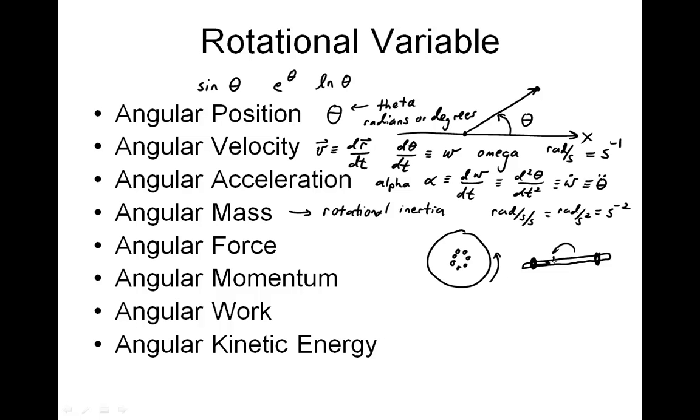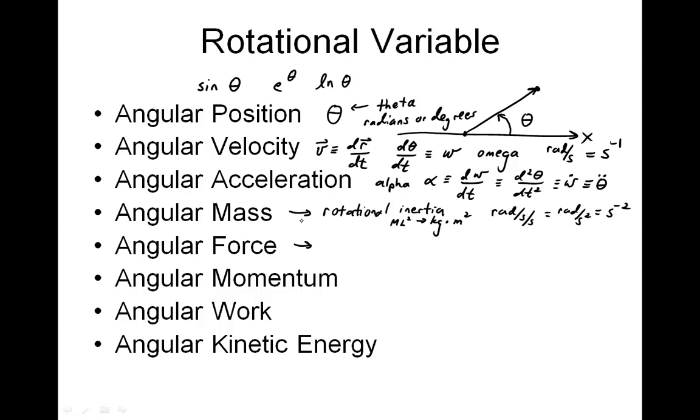But if I move those weights to the center, the bar, even though it has the exact same mass, will be much easier to rotate. The units we'll see then for angular mass or rotational inertia will be mass times length squared, or in the metric system, kilograms times meters squared.